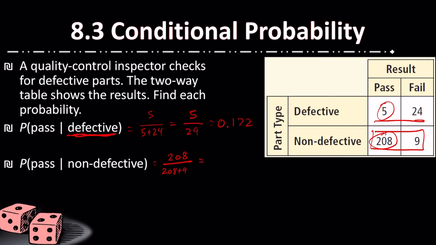So we're only going to compare it to the not defective. So it'll be 208 to 217, or about 0.959. Why don't you pause this video and try number 3.